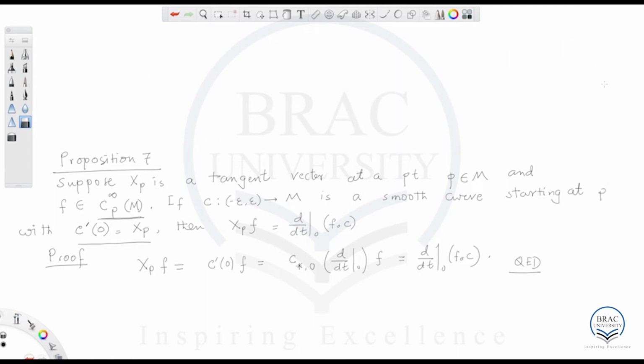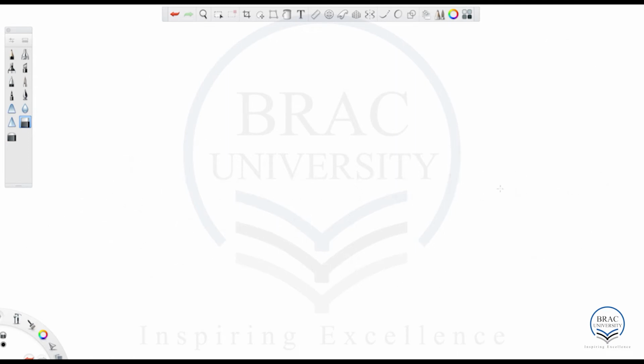Now, computing differential using curve. A very important result that we'll use in a short while in a very interesting example for the smooth map of left multiplication in the context of matrix Lie groups.